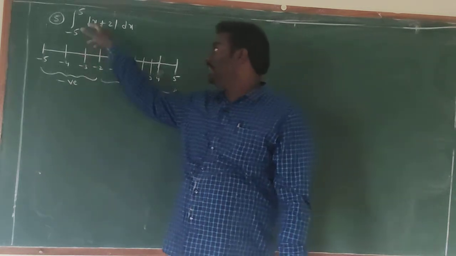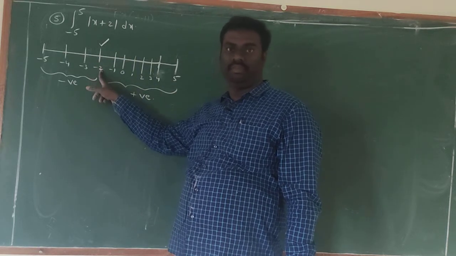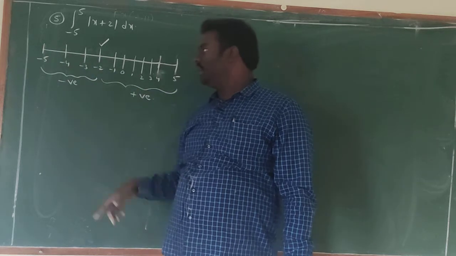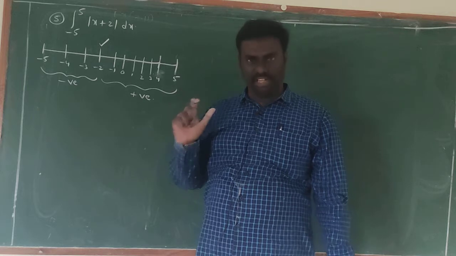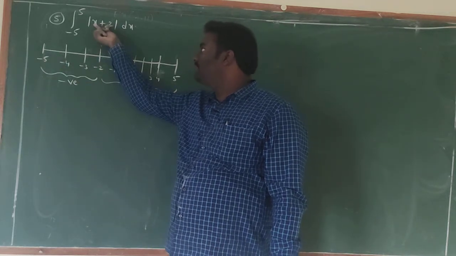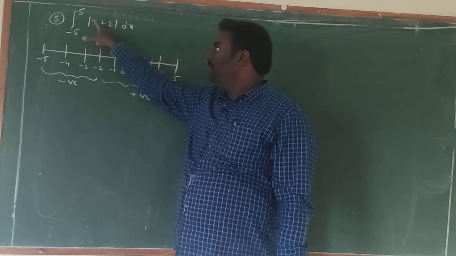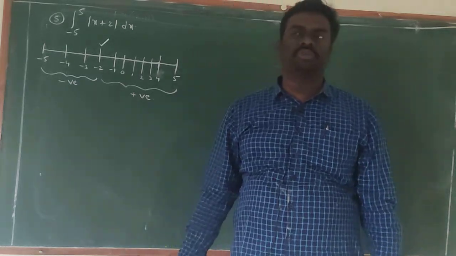Once again, listen. Here plus 2 is there, so take minus 2. Up to minus 2 it is negative, after minus 2 it is positive. If you have any doubt, take any value between these two and substitute. I am taking minus 4: minus 4 plus 2 is minus 2.